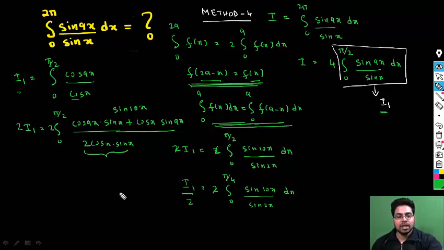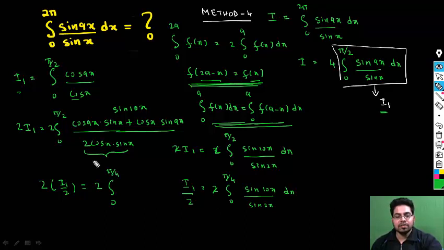Like we added I1 plus I1 and got 2I1, so I will add this 2 times, so 2 into I1 by 2 would be equal to 2 times, 0 to pi by 4.